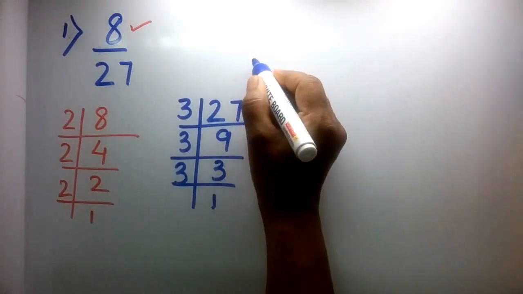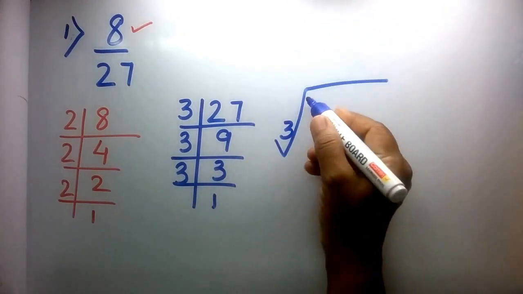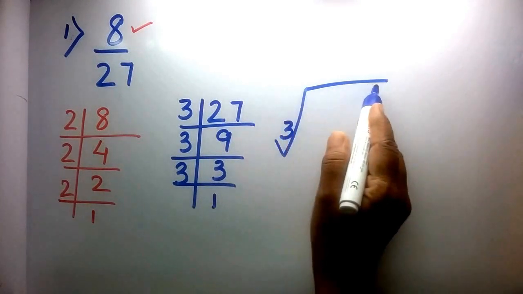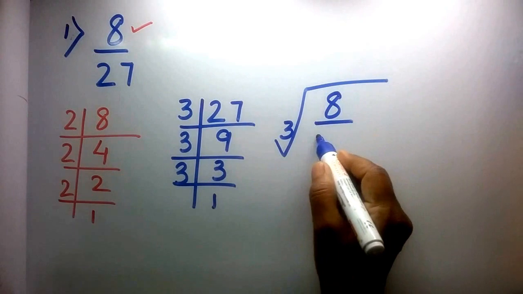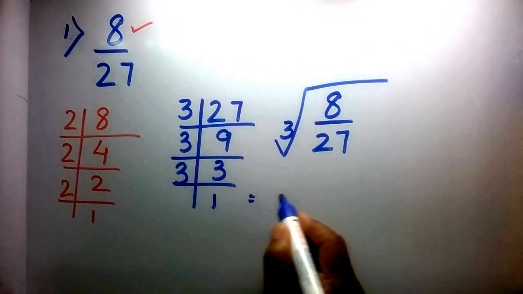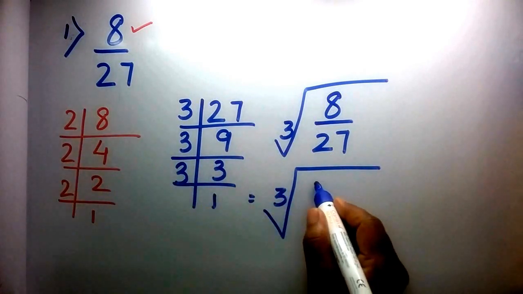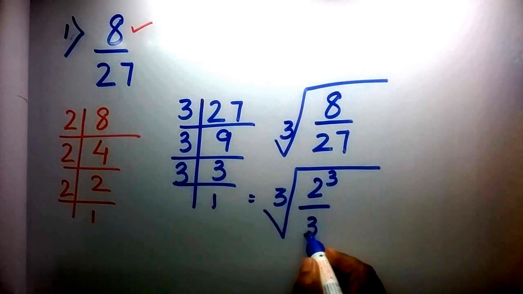Now to find the cube root of this number, remember, when you're finding the cube root, always write this 3 inside the radical. That is the cube root of 8 upon 27. The cube root of 8 is 2 cube and 27 is 3 cube.